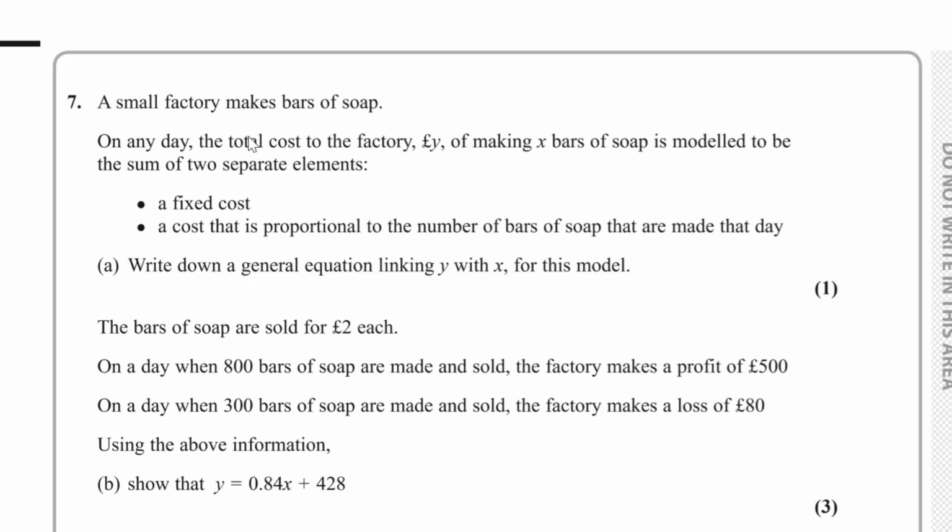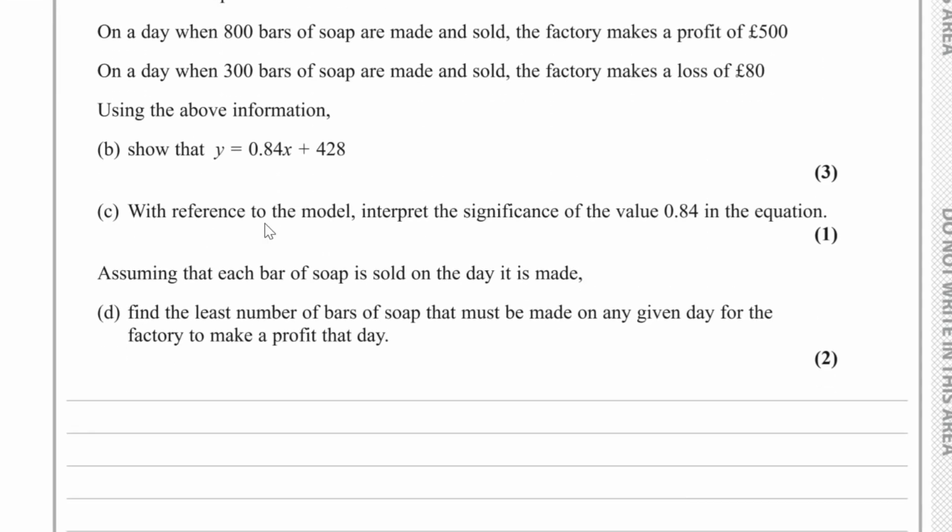If the cost is proportional to the number of bars of soap, that tells us we have a linear model. We have a fixed cost, and therefore the general equation would be y equals kx plus c, where c is this fixed cost and k is this constant of proportionality.